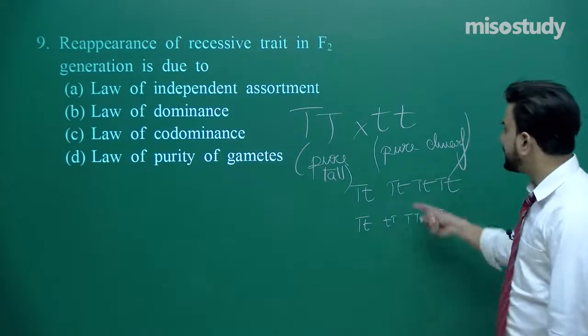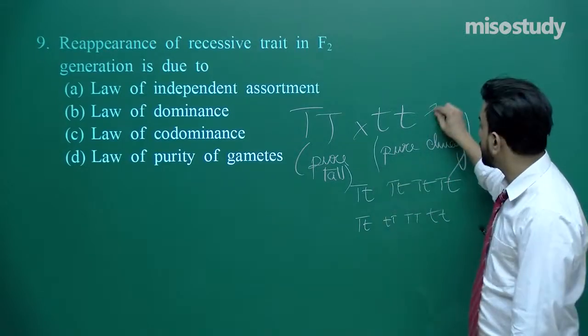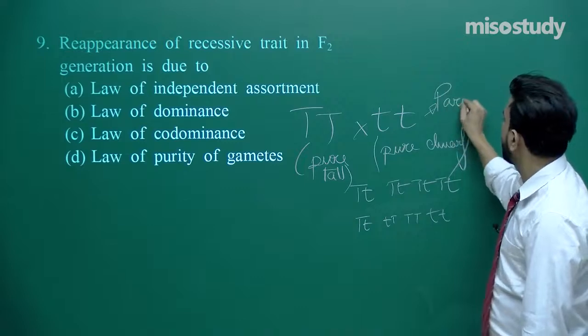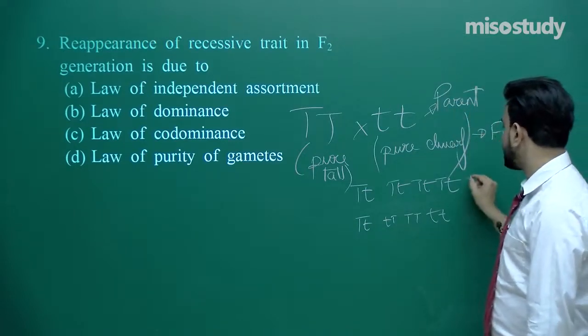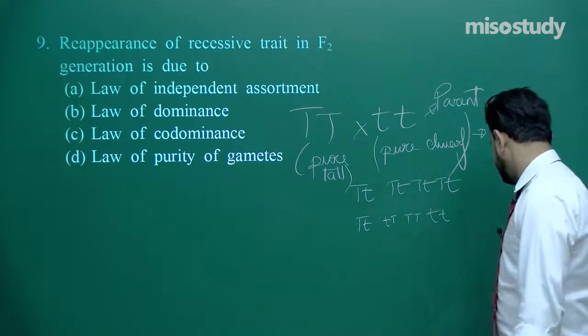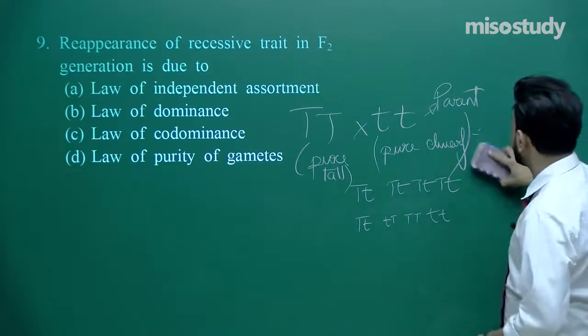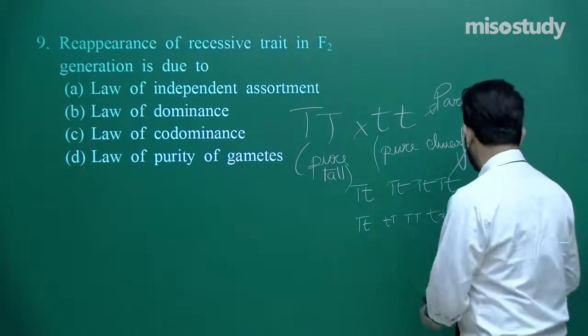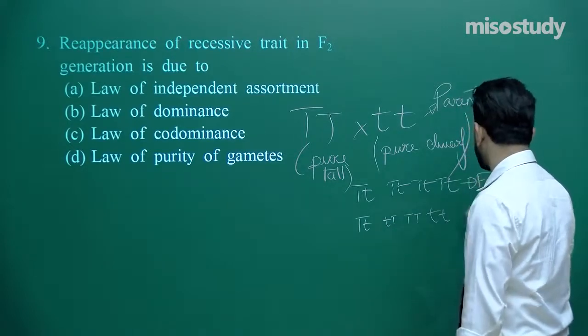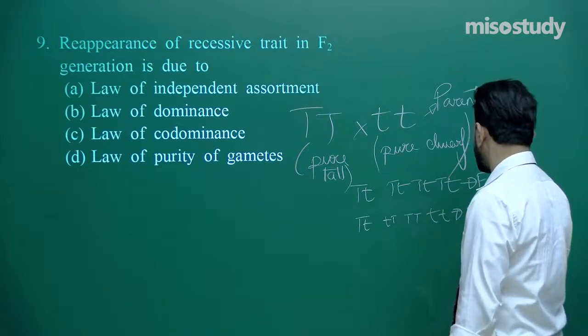So here, this was the parent group, this is the F1 generation, and this is the F2 generation.